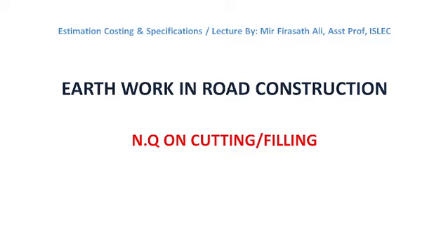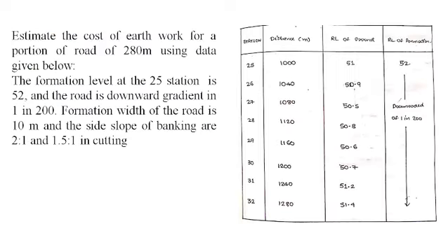Our formation level was above the existing ground level, so there was only filling. But in today's class, let us solve one different numerical example which consists of both filling and cutting. So, the question is given as follows.